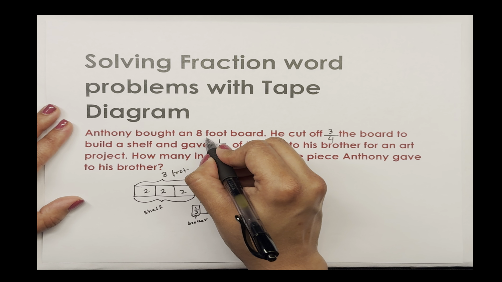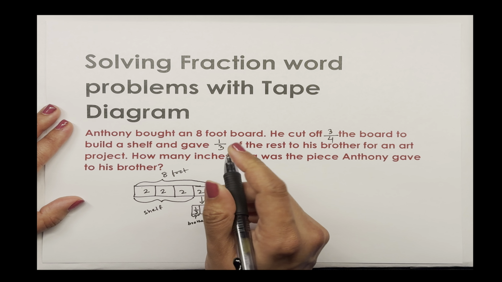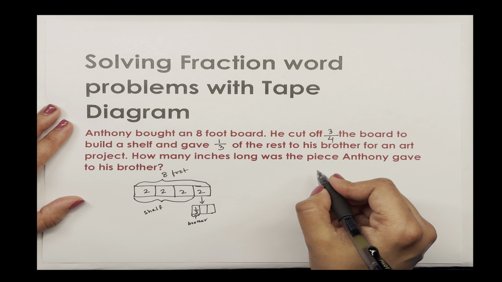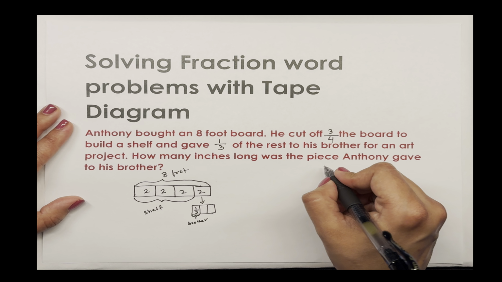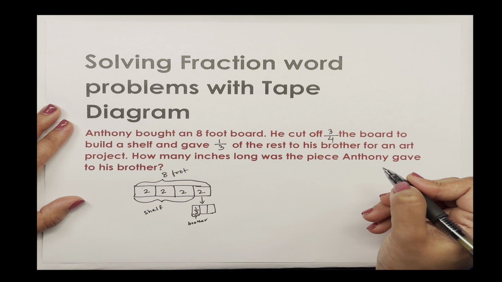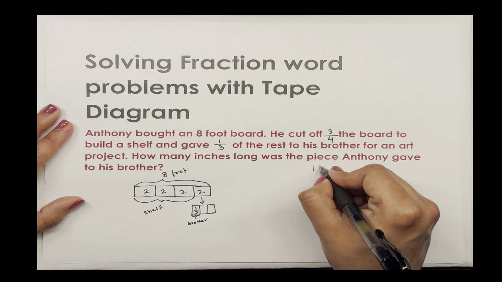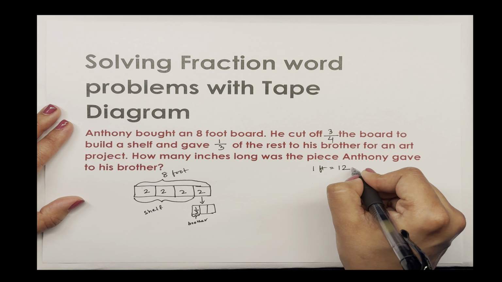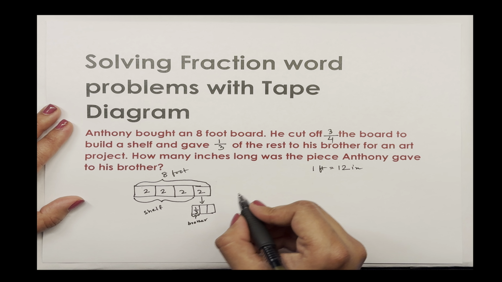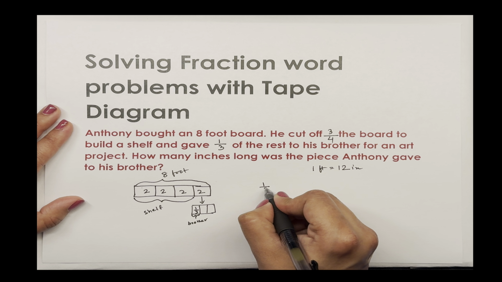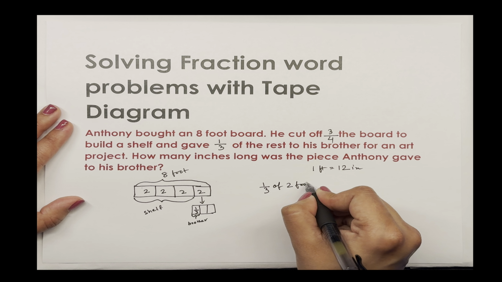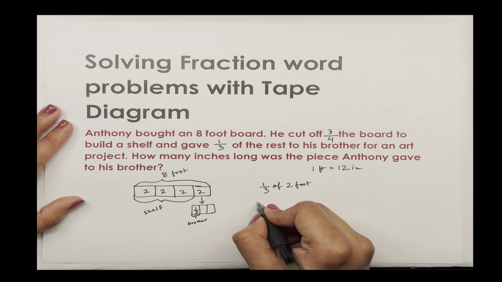Look at this. First we started with feet. The total board is 8 foot and they're asking how many inches long was the piece that Anthony gave to his brother. So we know 1 foot is equal to 12 inches. Here, Anthony gave 1/3 of 2 foot to his brother.